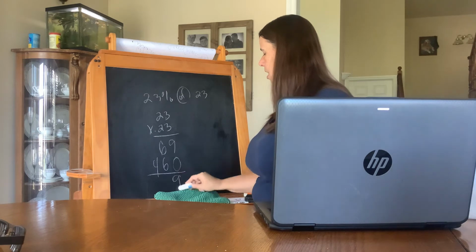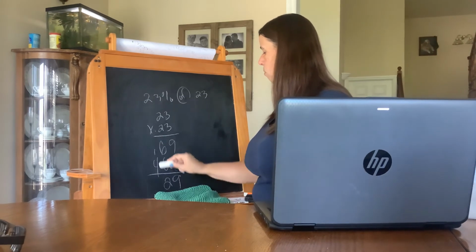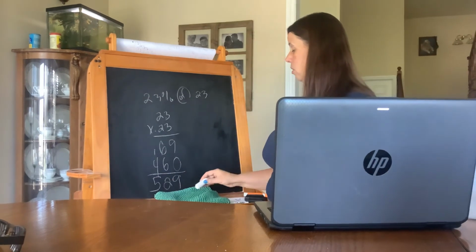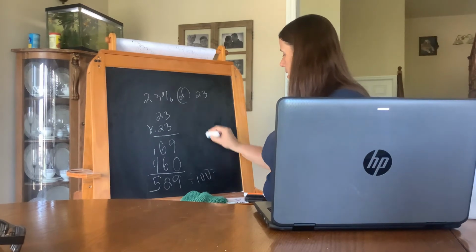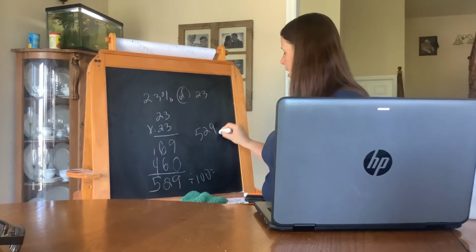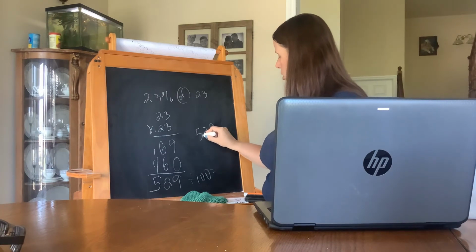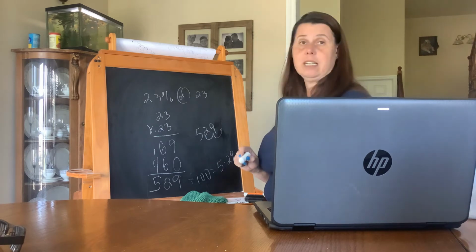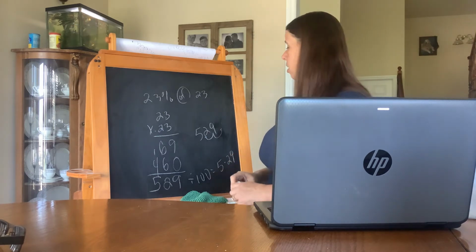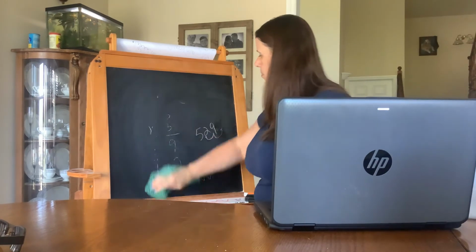So we have 9. 6 and 6 is 12. 1 is 15. We have 529. Divide that by 100 is 529. My decimal's here. I go 1, 2 places. 5.29. Okay?